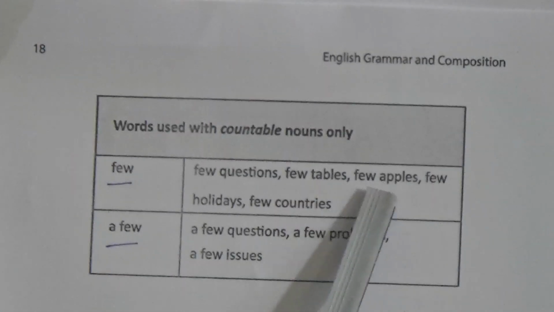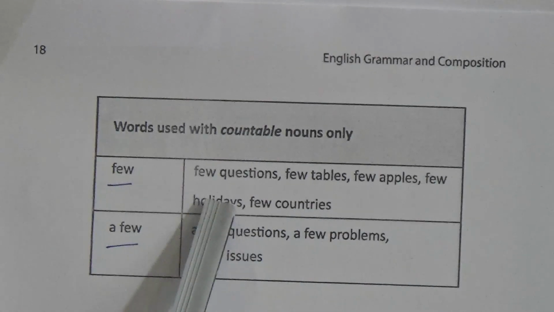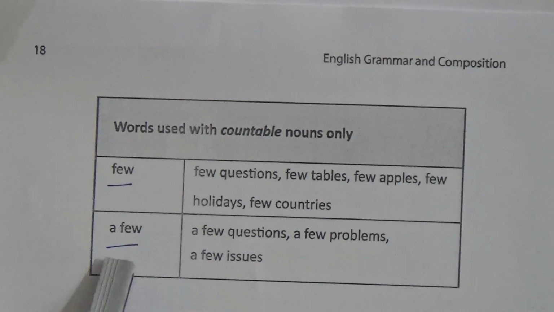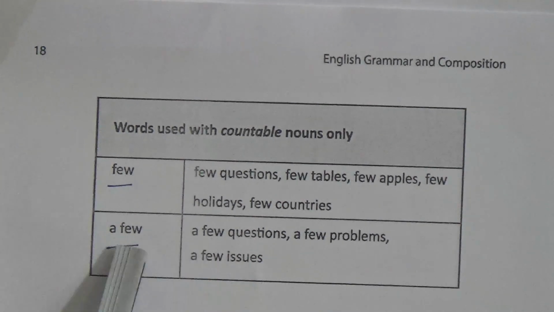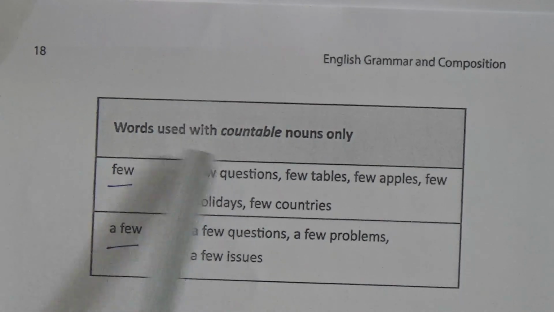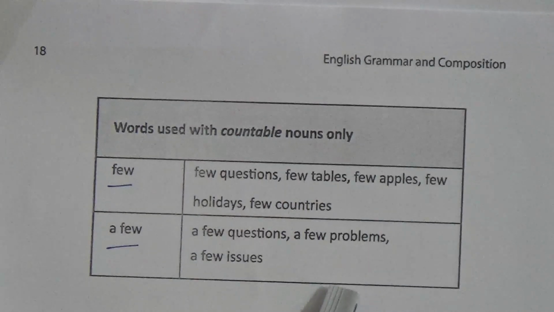Next page, few questions, few tables, few apples, few holidays, few countries. A few questions, a few problems, a few issues. So these words can be used with countable nouns only.